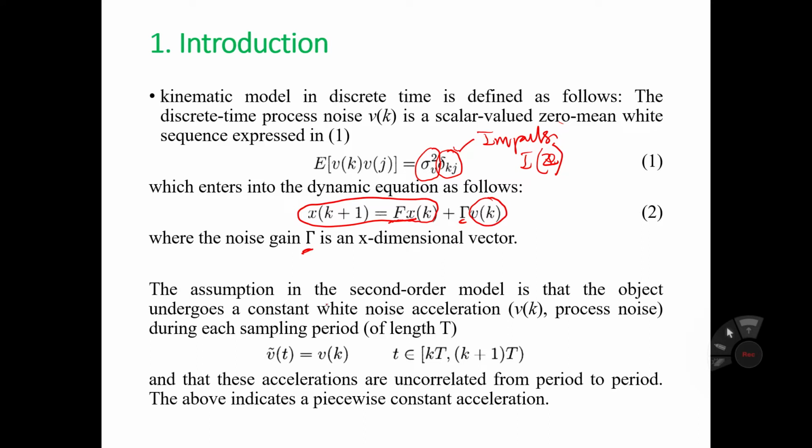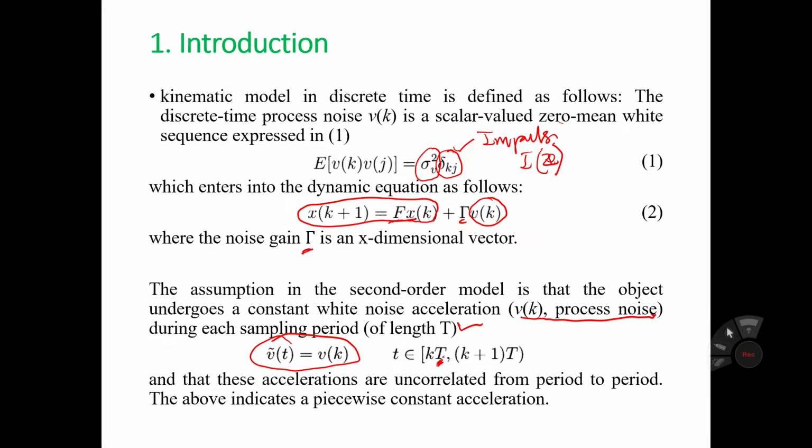Now the assumption in the second order model is that the object undergoes a constant white noise acceleration v of k, the process noise, during each sampling period of length T. So v of t equals v of k, where t belongs to kT, where T is the sampling period between each scan.